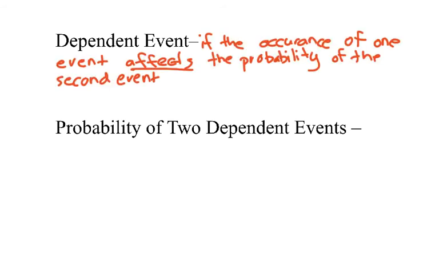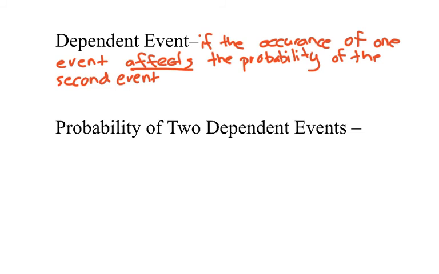So now let's look at dependent events, which are the opposite of independent. Two events are dependent if the occurrence of one event affects the probability of the second event.